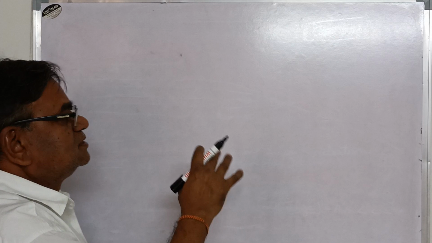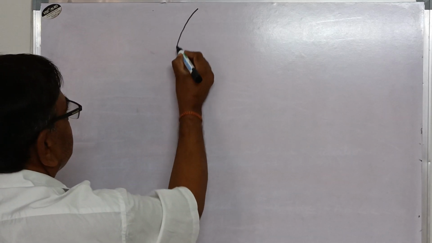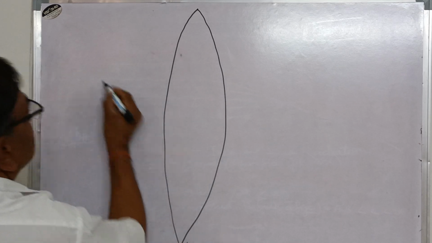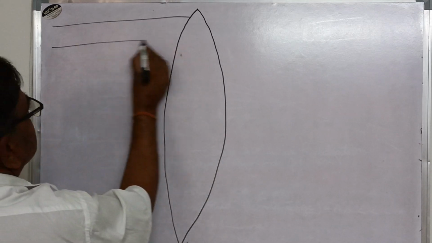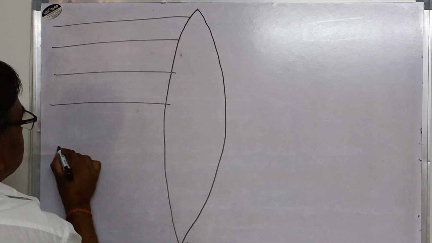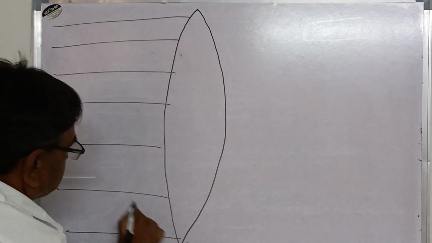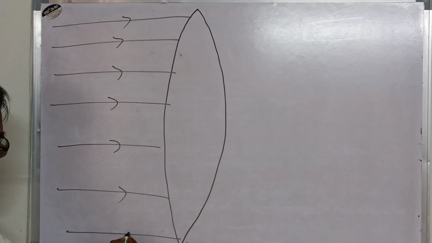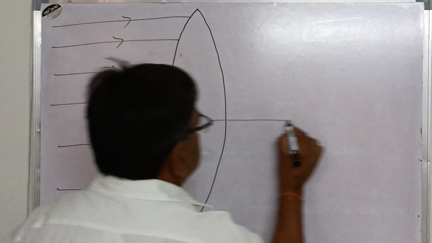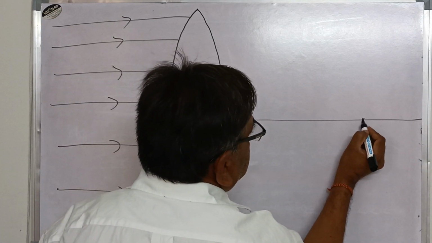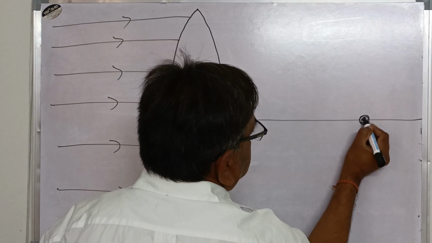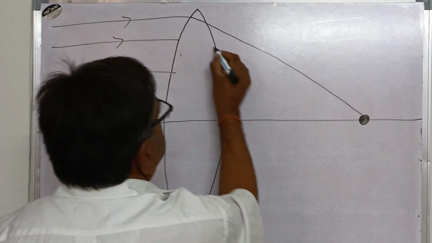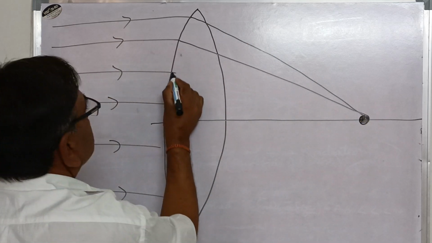This much solar radiation from a large area, coming from the sun, along the principal axis, is collected at this point, the focus. This is the boiler. So all the rays reach here.